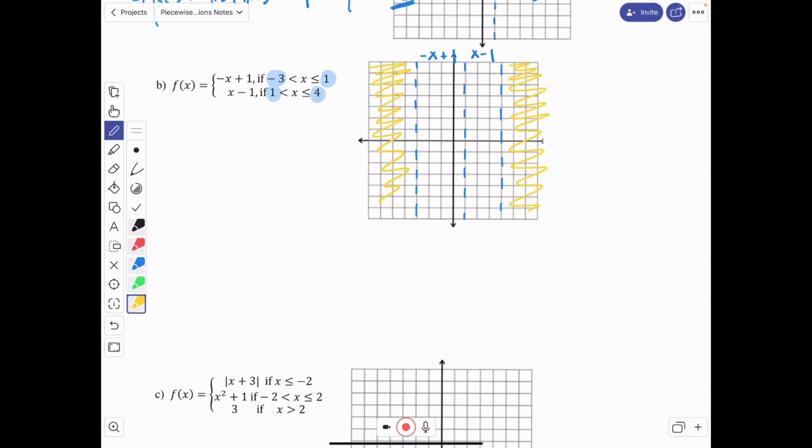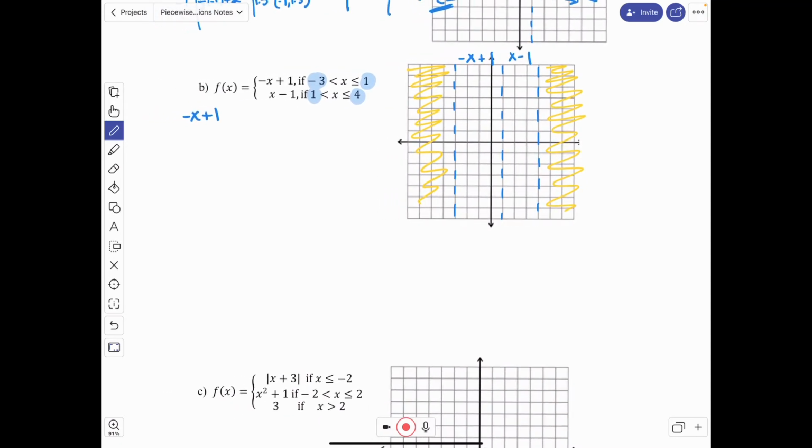All right, so if we establish our tables, I've got negative x plus 1. Let me slide over just a little bit. I've got my x and y values. Okay, so I'm going to start at negative 3, because this is where it starts. Now, since this is my inequality, that means that this first one here is going to be a hole.